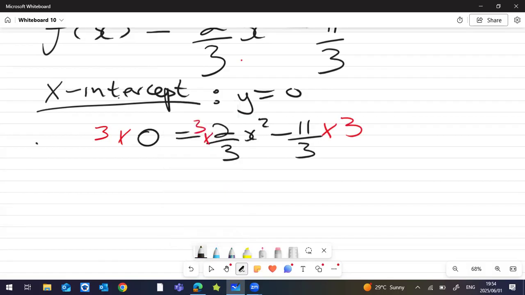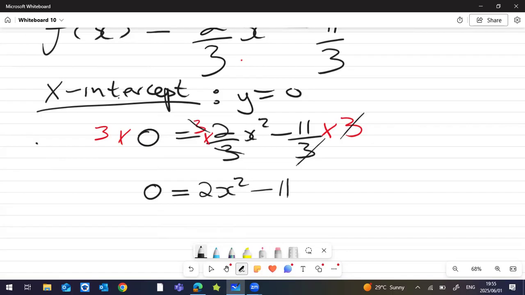So 3 times 0 is 0. These 3 cancel out with 3, then we have 2x squared. 3 cancels out with 3 here, then we have minus 11.